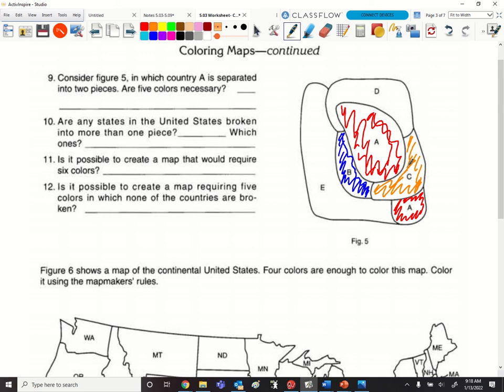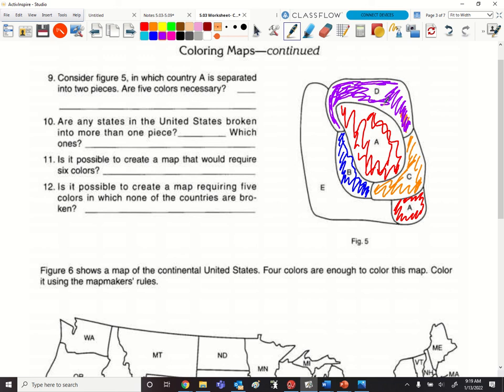Good. I'm going to go purple. That's going to go D. Now, can I put purple anywhere else?